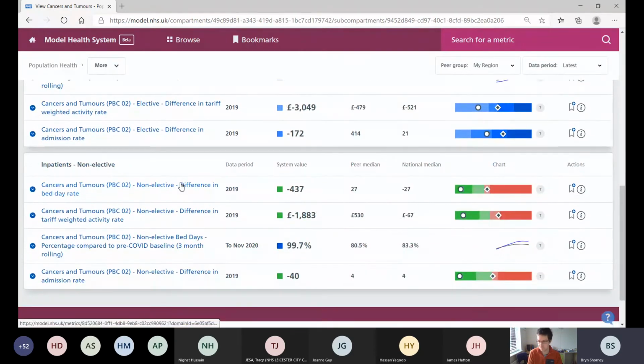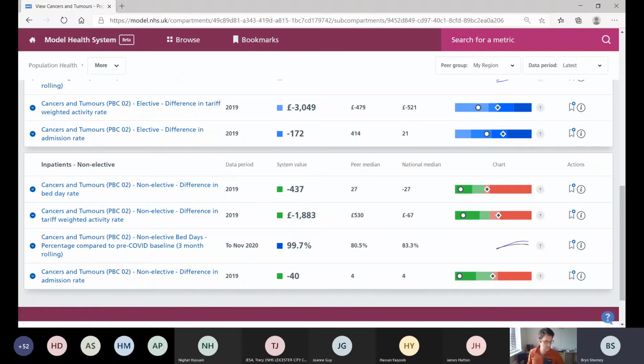However, as mentioned, the only area that we RAG rate is non-elective. The assumption being that it would be better to be picking patients up earlier and treating them as elective rather than non-elective. So we do RAG rate that non-elective, but we'd always advise looking at that alongside the elective data.